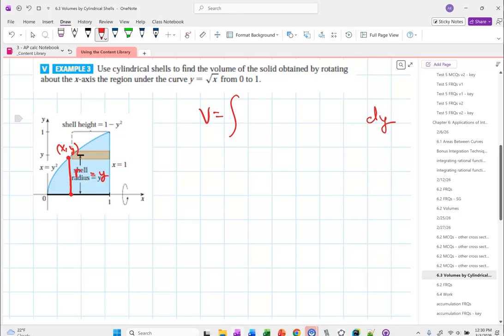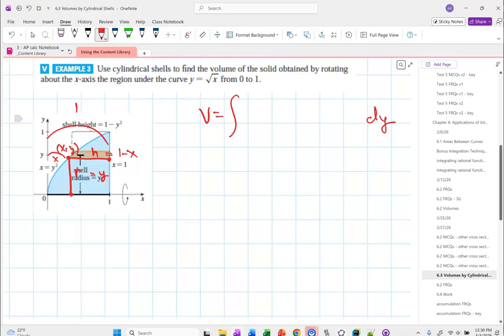The height of my cylinder is always going to be drawn back through the shaded region to its boundary. In this case, that's the line x equals 1. This distance is 1. This distance is x. So that height is 1 minus x.